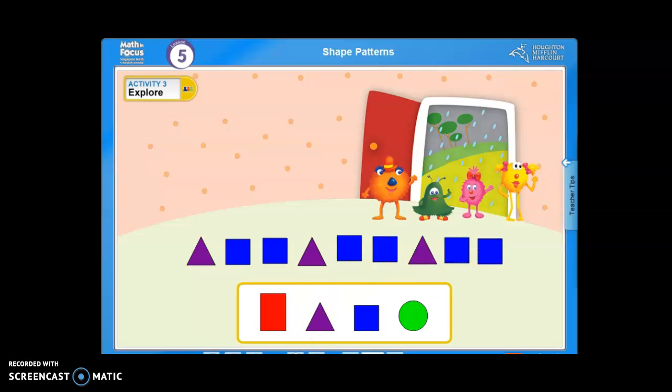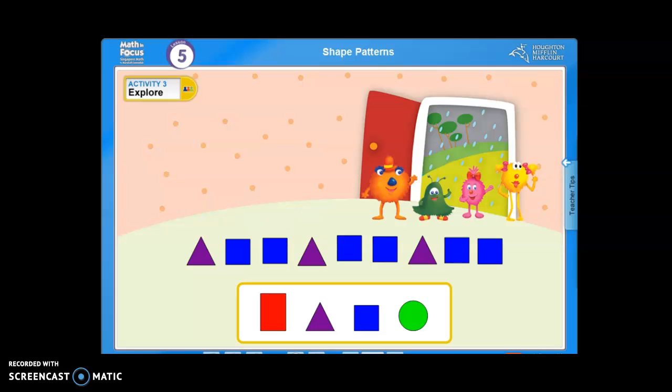Alright, so the triangles will be the A, and this would be B. Is this a different shape or the same? It's the same, so it's a B still. So it's A, B, B. So it's an A, B, B pattern.